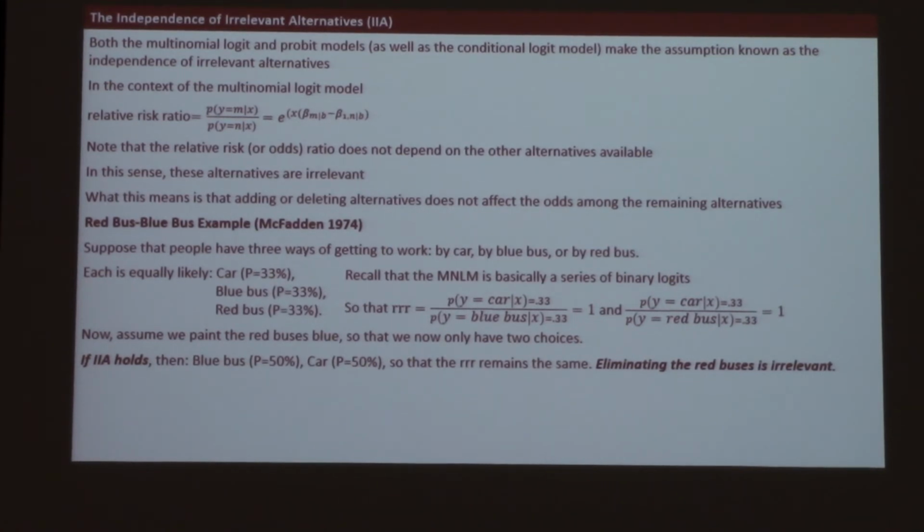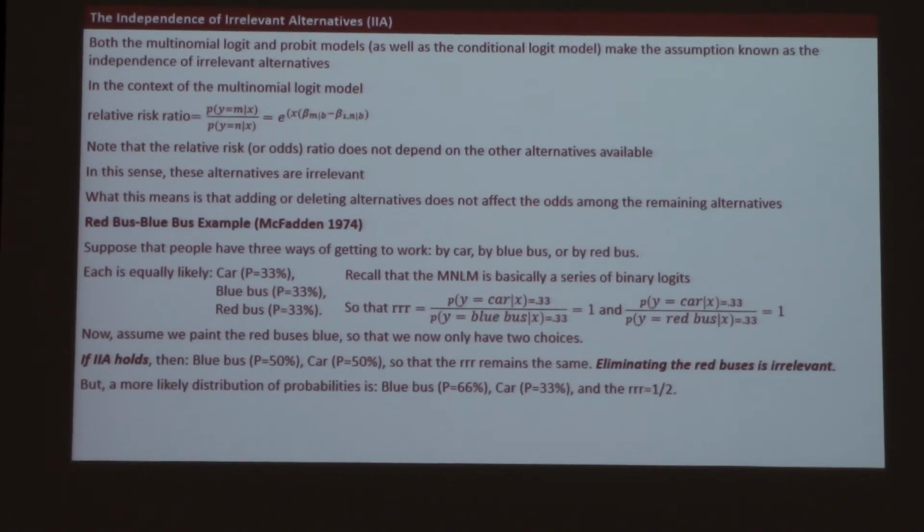If we painted the red buses blue, would our probability of taking a car go up to 50% and bus go up to 50%? Would we add those? Wouldn't it be more likely that we would just add the probabilities of the two buses because they're the same?